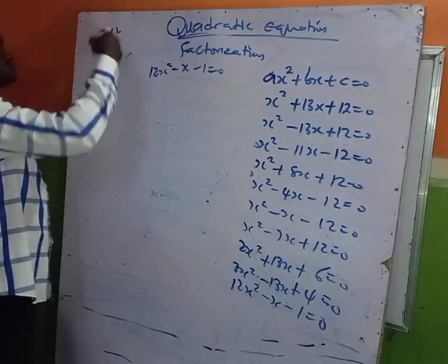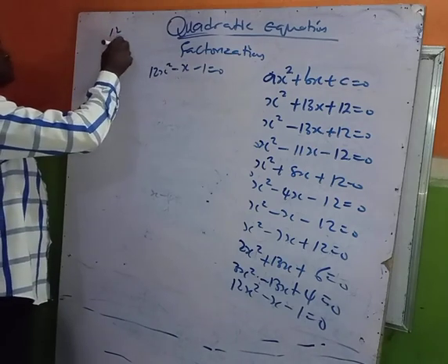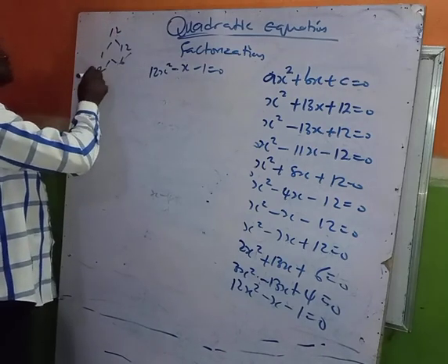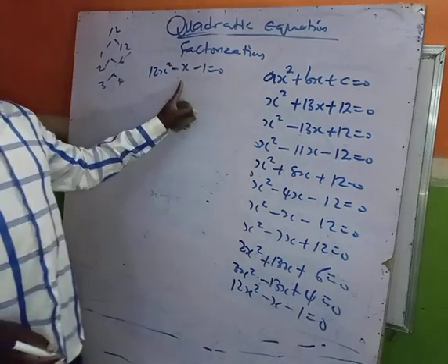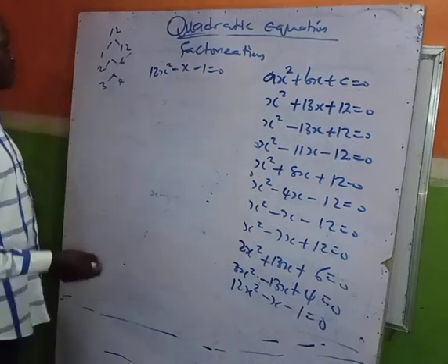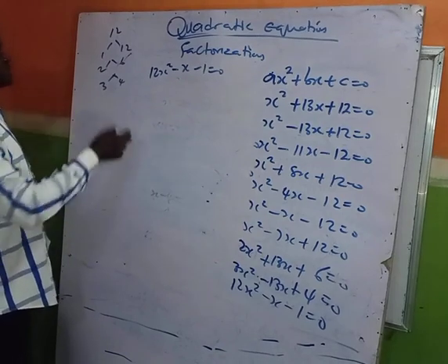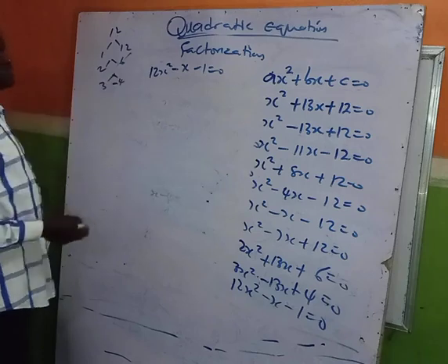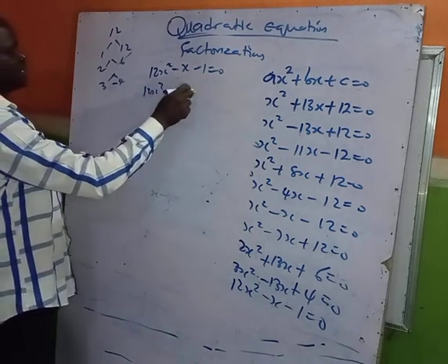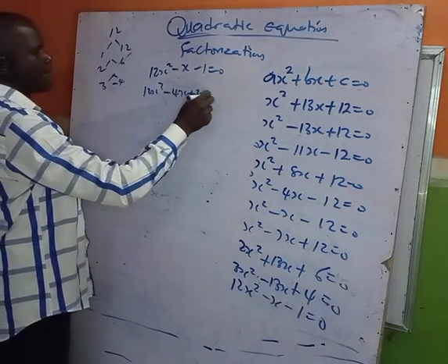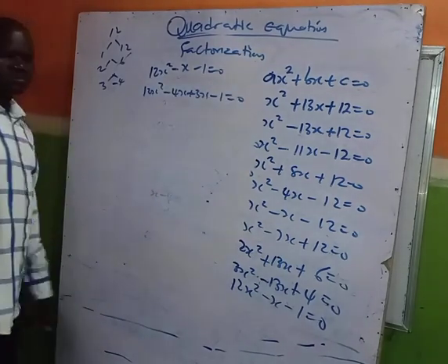So what are you going to use? 1 and 12, 2 and 6, and what? 3 and 4. Since we are looking at the highest number, carry the negative. So you will have 12x squared minus 4x plus 3x minus 1 equal to 0.